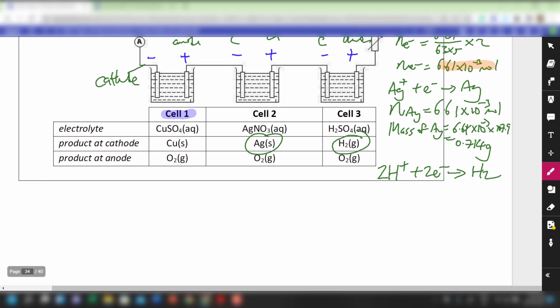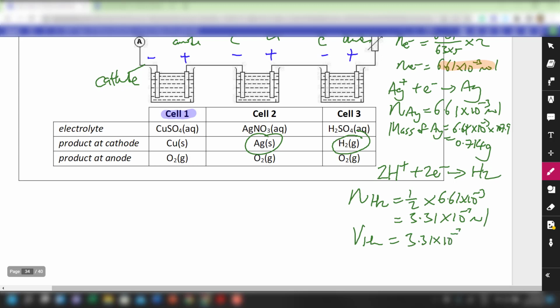The number of moles of hydrogen produced will be half the number of moles of electrons transferred. That will be half times 6.61 times 10 to the power minus 3, so I get 3.31 times 10 to the power minus 3 moles. The volume of hydrogen evolved will be this number multiplied by 24, so I get 79.4 cubic centimeters. You can leave it in dm cubed, not an issue. That will be 0.0794, but the numbers don't look so nice.